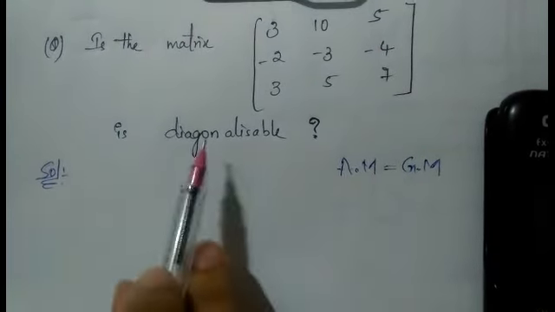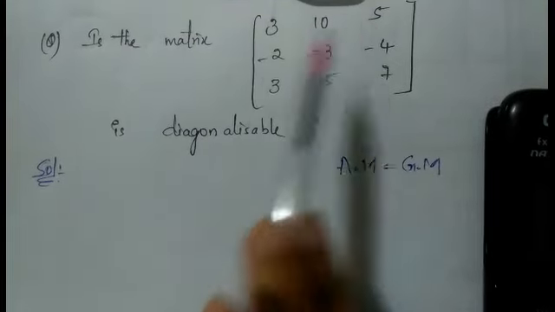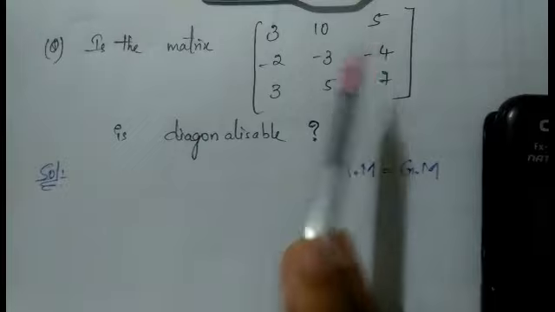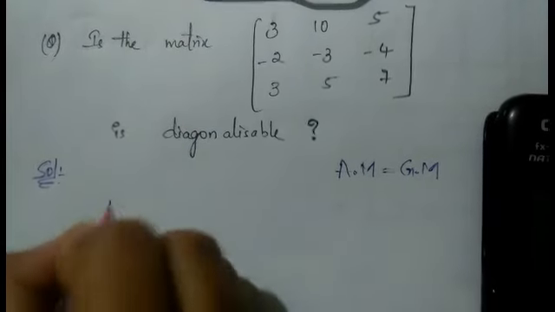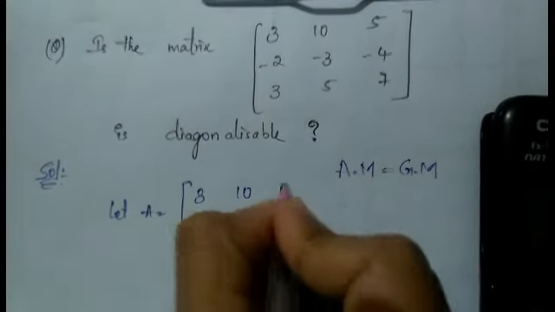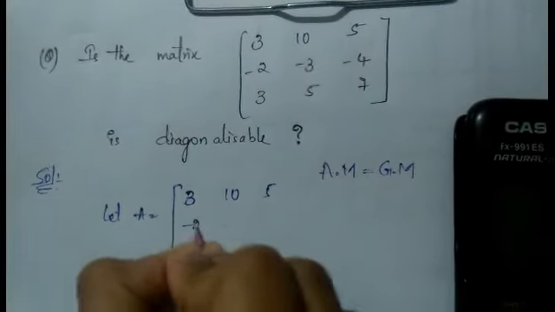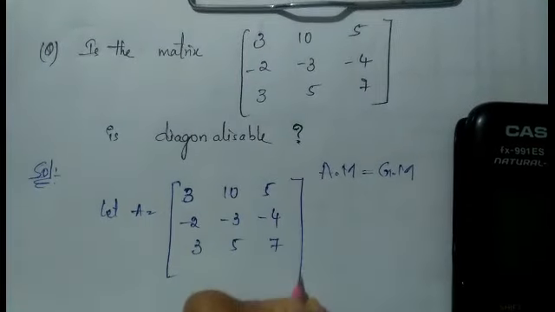If not, then it is not diagonalizable. Here the matrix is 3, 10, 5; minus 2, minus 3, minus 4; 3, 5, 7. So first write the matrix. Let A equal 3, 10, 5; minus 2, minus 3, minus 4; 3, 5, 7.